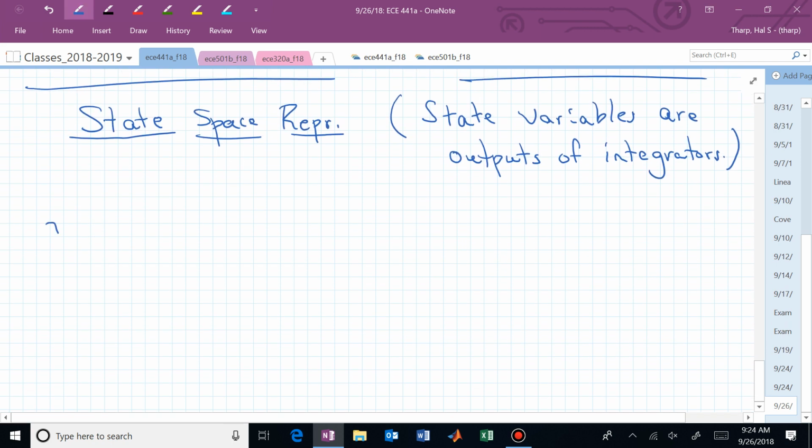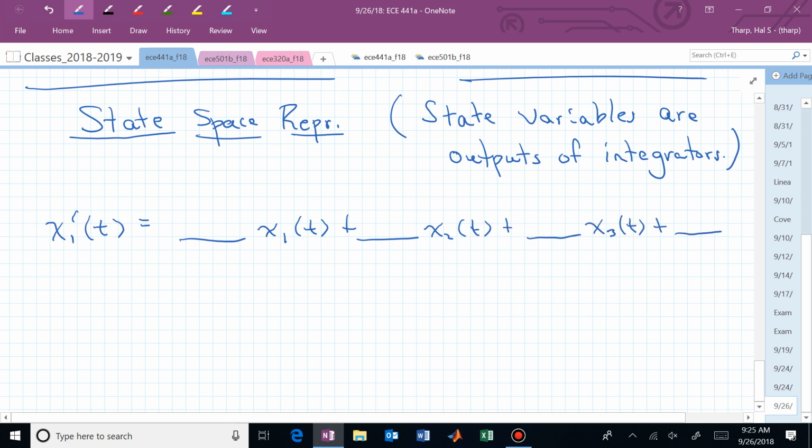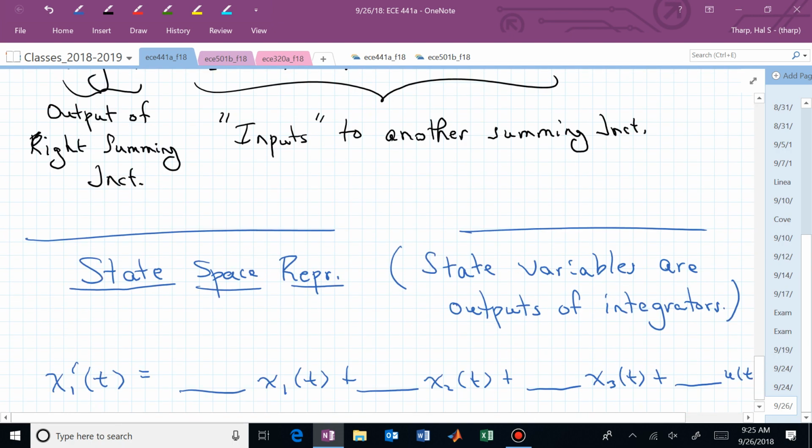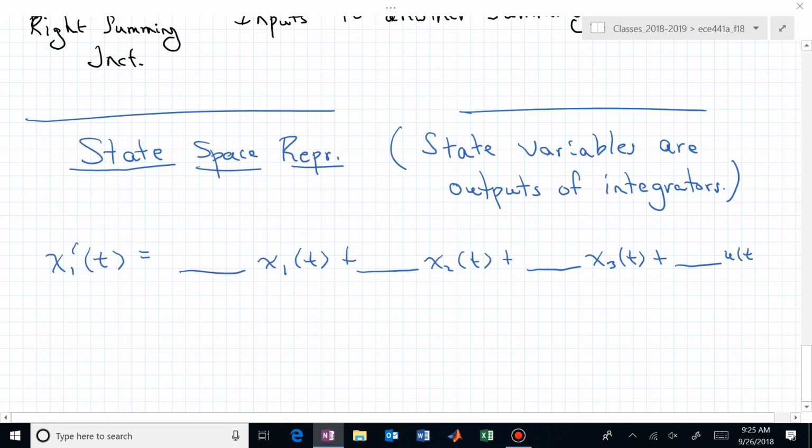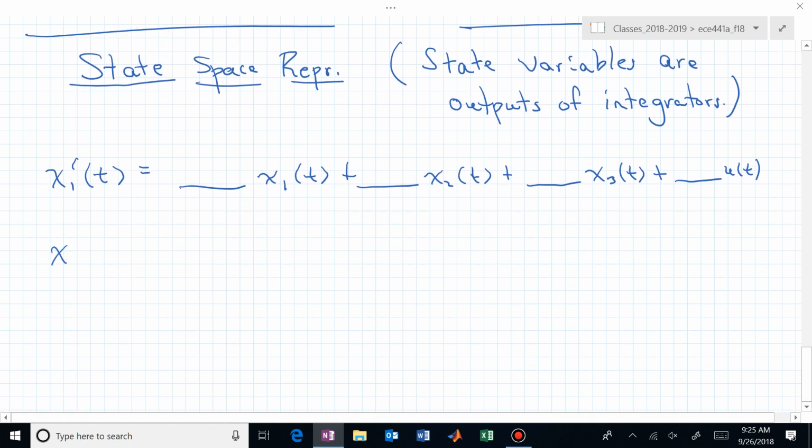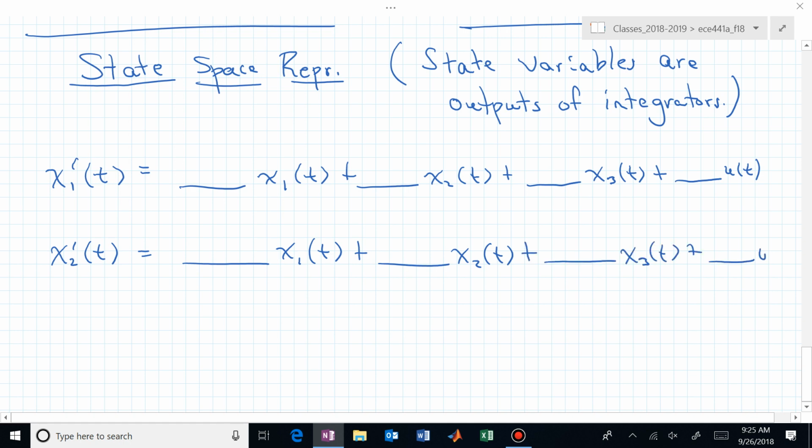And all I have to do now is look back at my cheat sheet, which is really the block diagram, to fill in all of these holes. I want each of these first derivatives of state variables to be a linear combination of undifferentiated state variables and the input u.